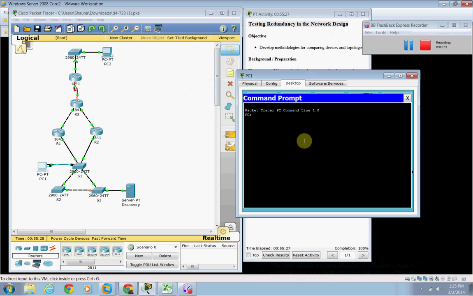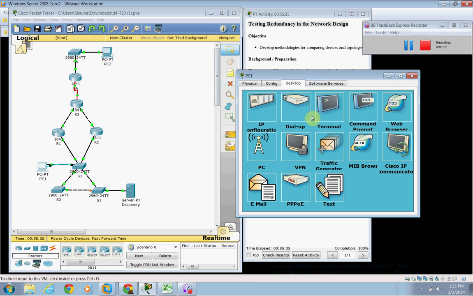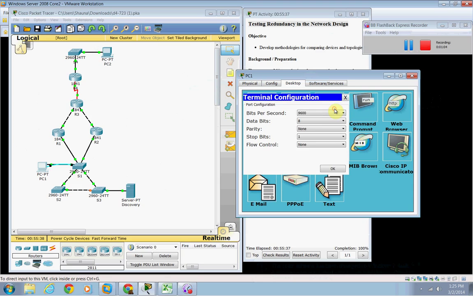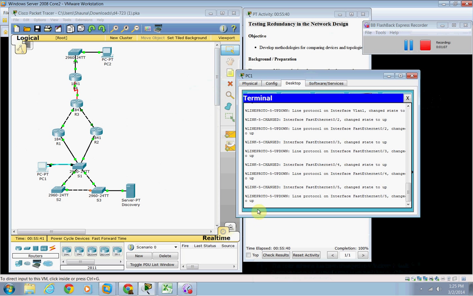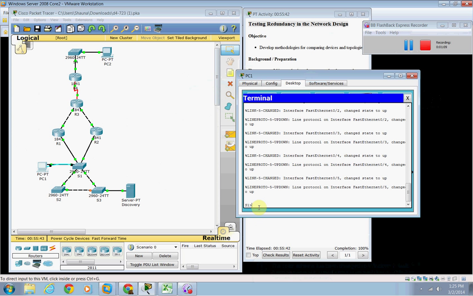The first thing we're going to do is console into one of the devices, so we'll console into router 3, router 2.